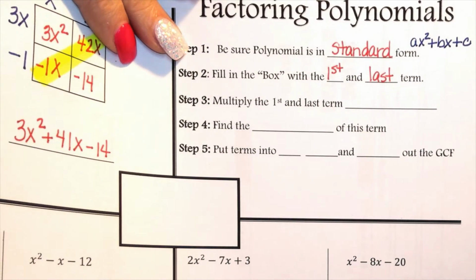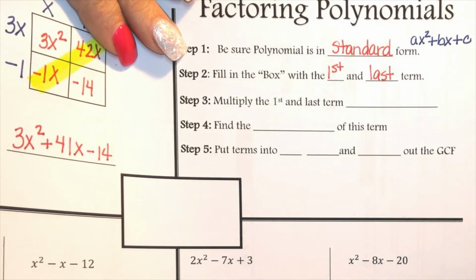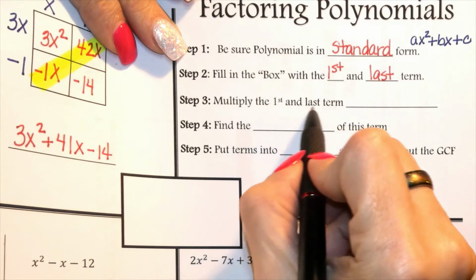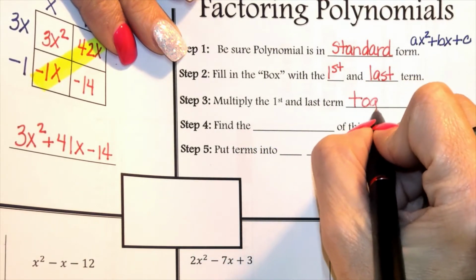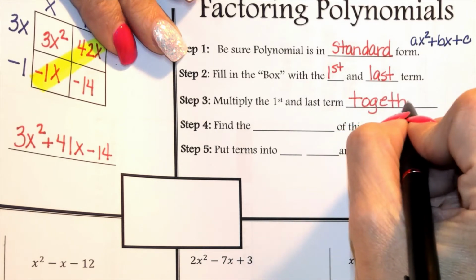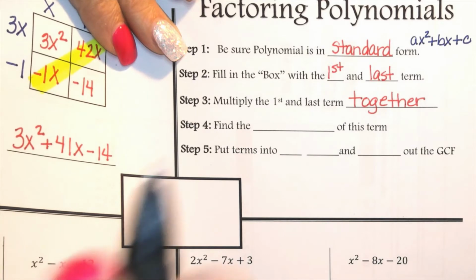Okay, multiply the first and the last term together. Very, very important. This is how you solve them and make it so much easier. Find the factors of this term.